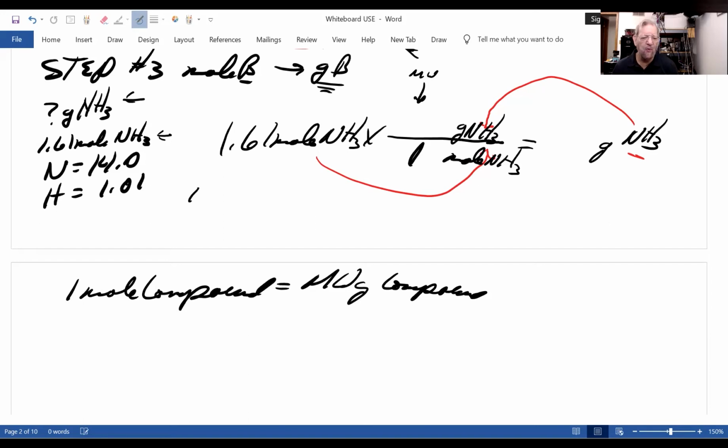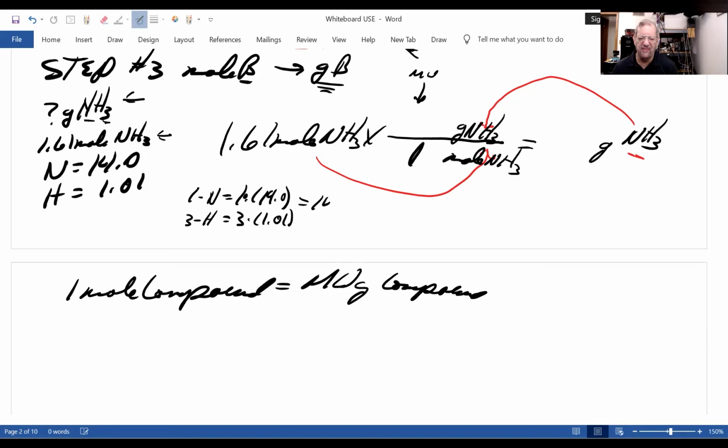I have 1 nitrogen, NH3, 3 hydrogens, 1 times 14.0, and this is 3 times 1.01.